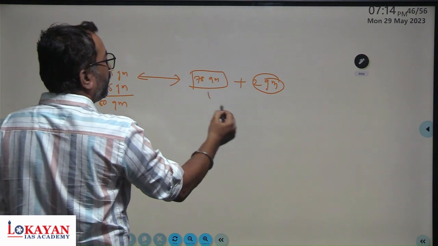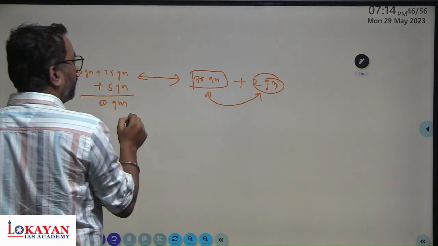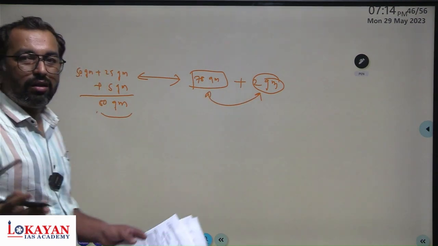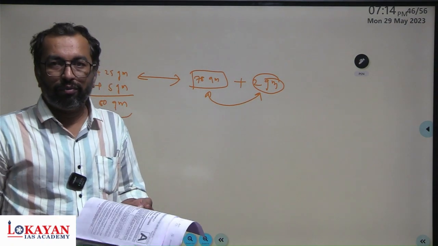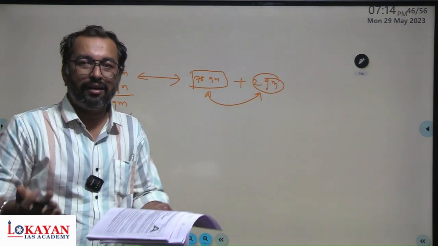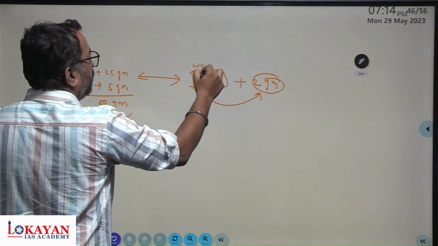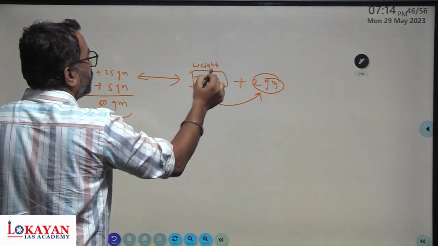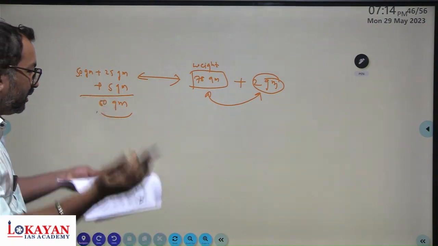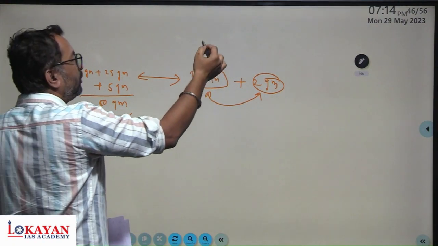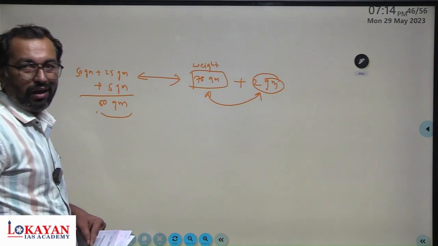So right side will become 80, left side will become 80. If these two weights are equal, that will show on the measuring device. That means this weight is of 78 gram. If there is a difference, that means this weight is not equal to 78 gram, right?